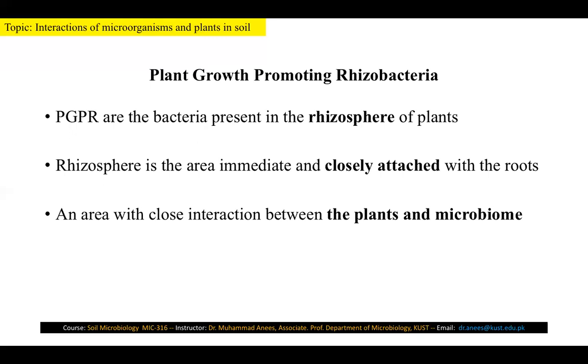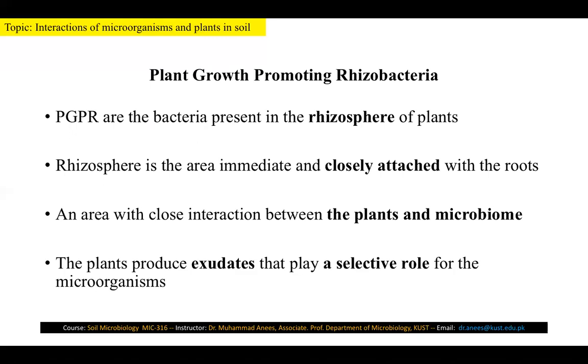So this area is very close to plant roots, and here there are some microorganisms present which are very close to plant roots. They can get different benefits from the plants. For example, plants produce a number of exudates, and these exudates can play a kind of selective role for microorganisms. How can it play a selective role?